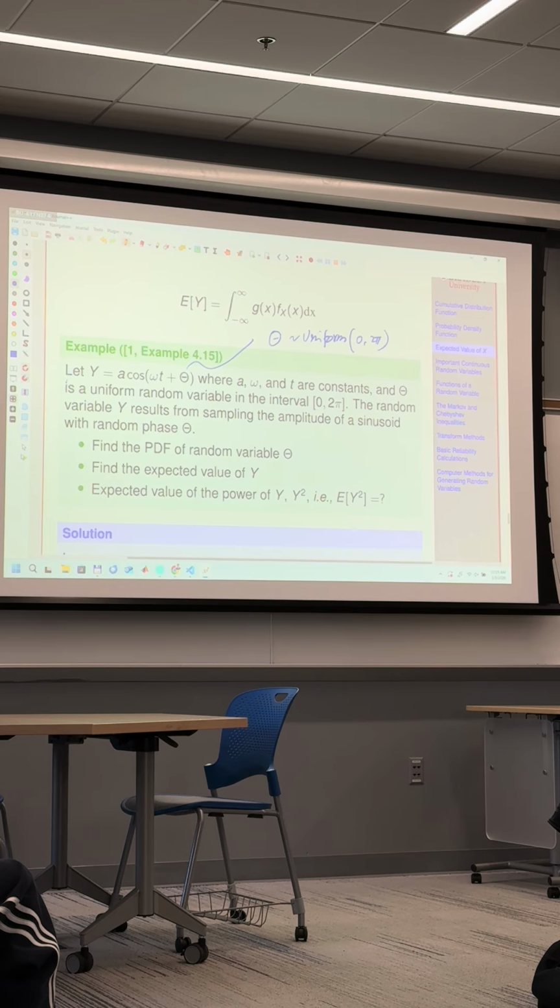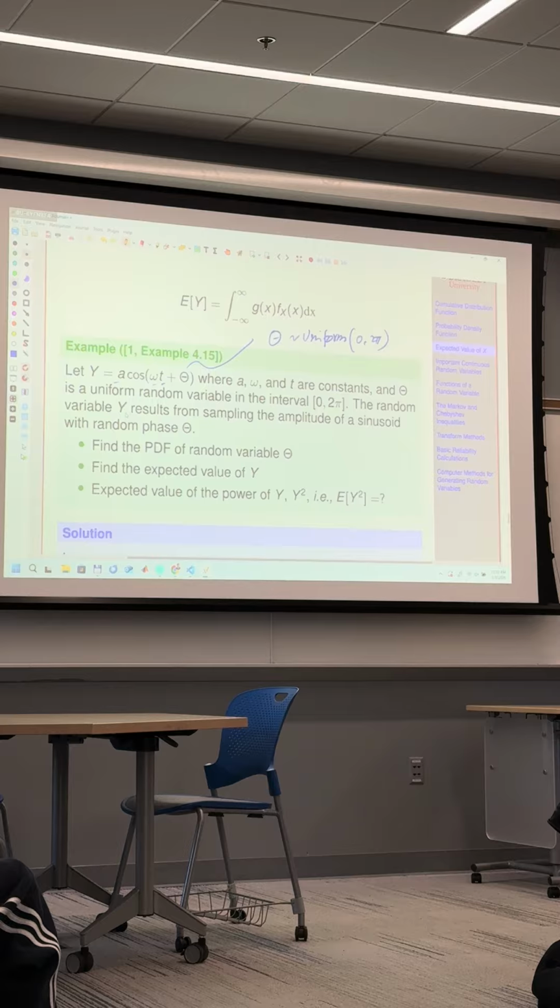And this is our electrical signal, the sinusoidal signal that you see. We deal with this signal: Y equals A cosine of omega t plus theta, but theta is now random. A, omega and t are constants at the particular time instant we are talking about, and theta is a uniform random variable in the interval 0 to 1.